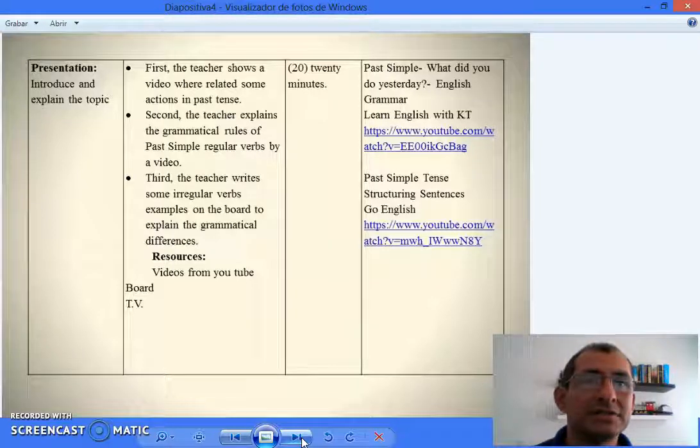And third, the teacher writes some irregular verb examples on the board to explain the grammatical difference between regular and irregular verbs. Resources: video from YouTube, board, and a TV. These are the resources for this part of the presentation of the topic. Time is going to be 20 minutes to do this presentation.